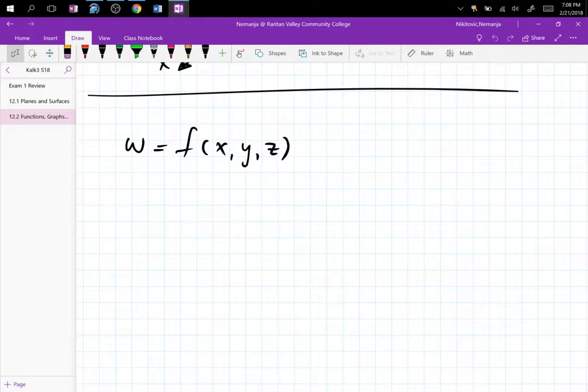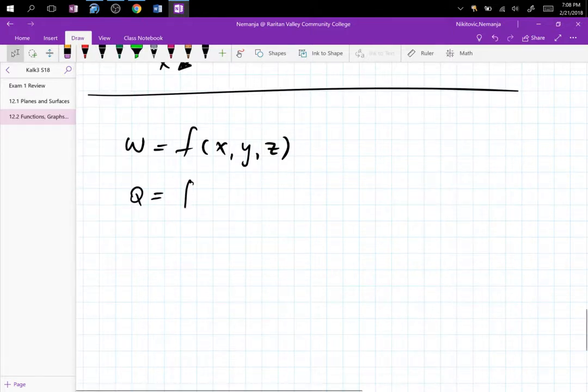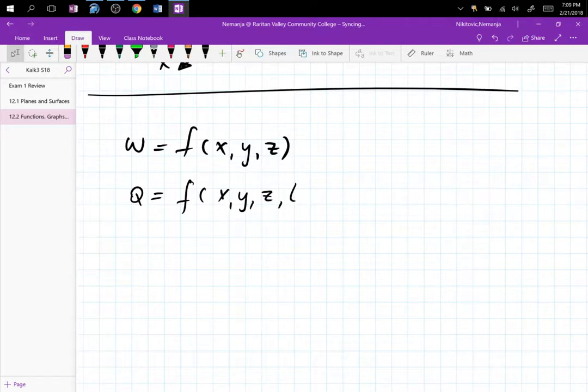Now let me raise the stakes and say, all right, fine, but can we say Q is equal to a function of x, y, z, t? This is a 5D space. Do we have a use for that in our science? The answer is, of course, yes.